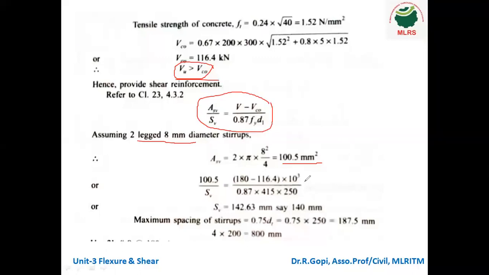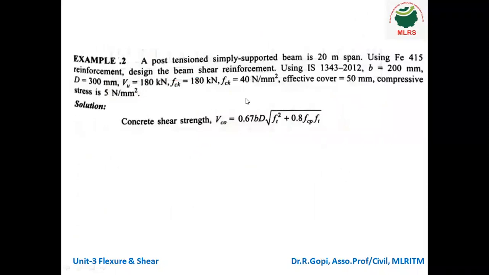Convert kilonewton to Newton, we have to multiply by 10 power 3, divided by 0.87 into fy. This is fy 415 grade, and dt is the effective depth.